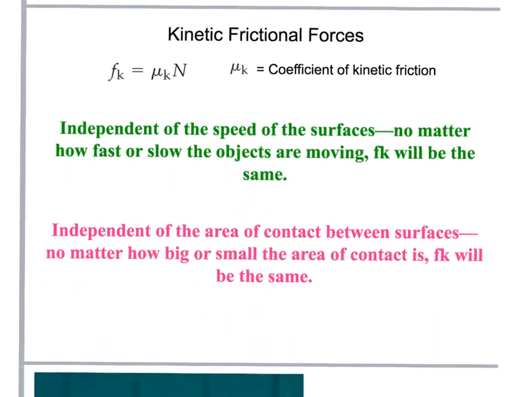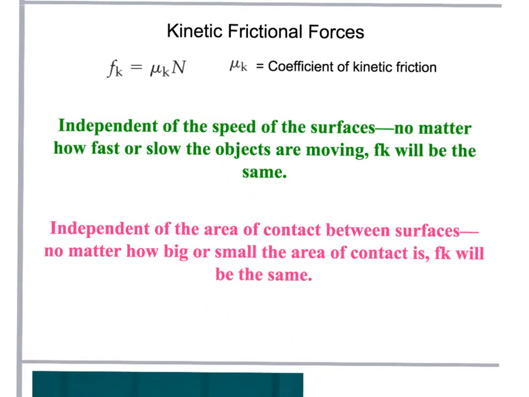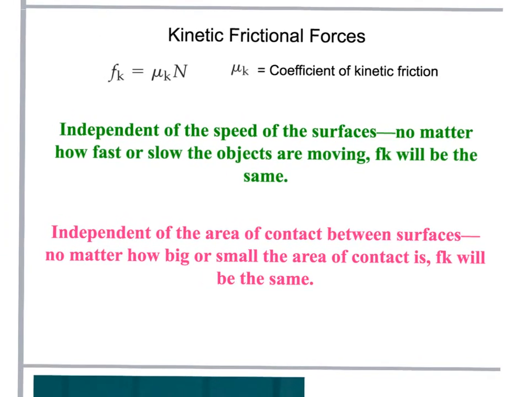So key concepts about kinetic friction: kinetic friction is independent of the speed of the surfaces. So no matter how fast or slow the objects are moving, kinetic friction will always be the same. We can tell that kinetic friction is independent of the speed of the surface by looking at the equation.